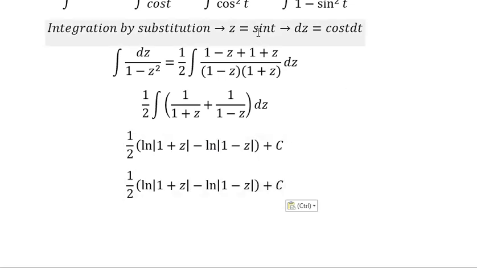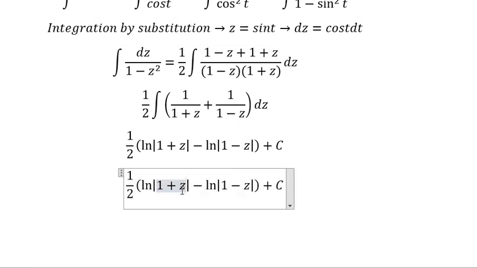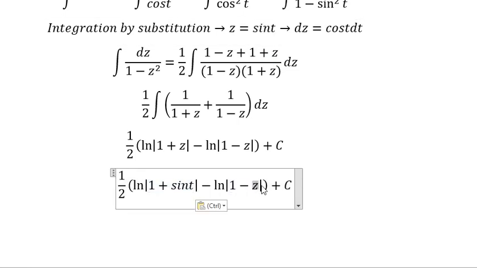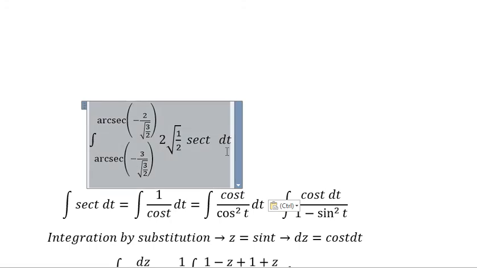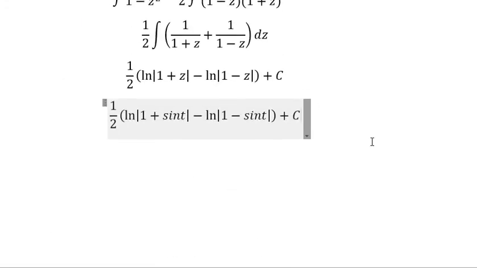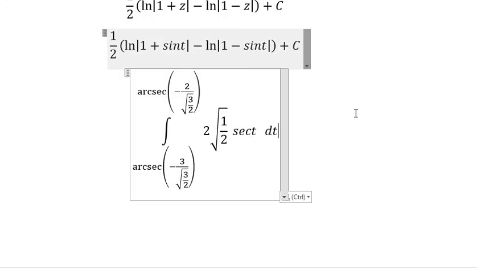About z, we need to change back for sine t. Now let's concentrate on this one. So after we calculate secant t, we will input the numbers in here.